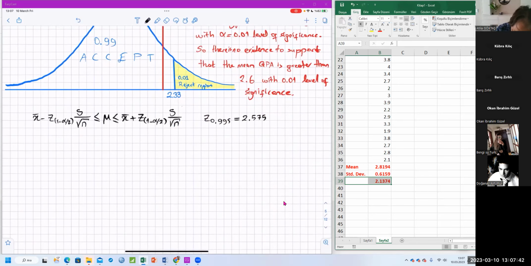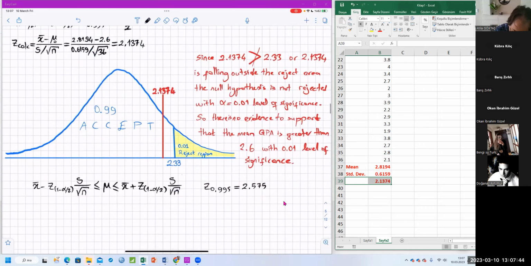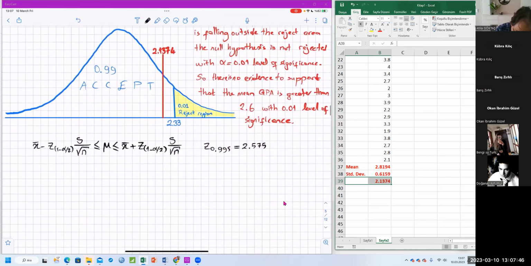And then substitute everything I need. The X bar is 2.8194. It's already there on the screen.